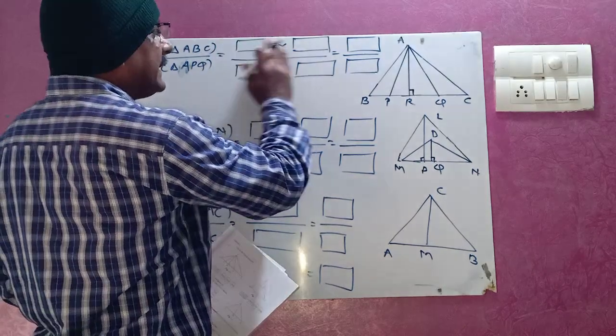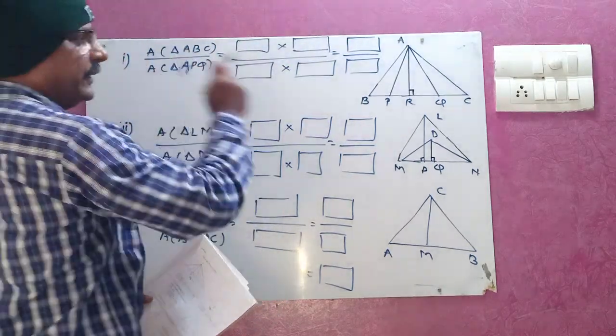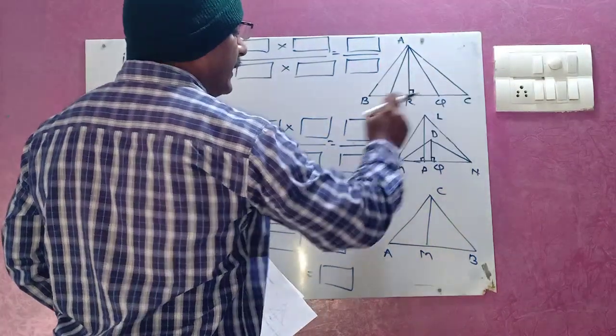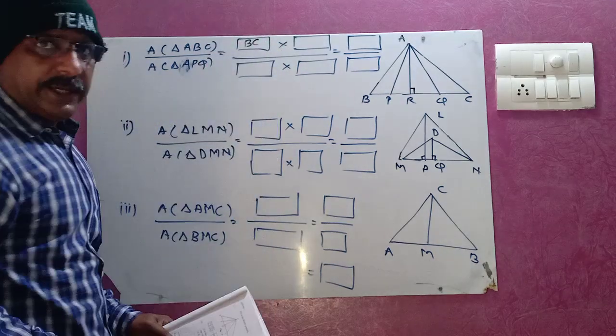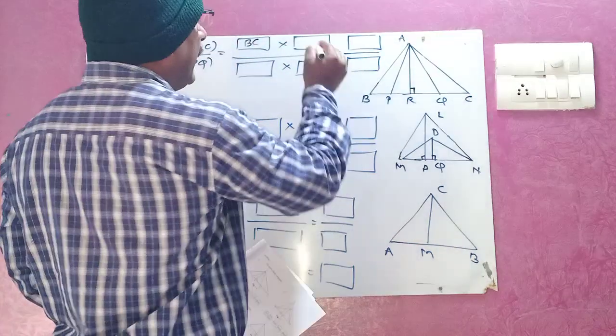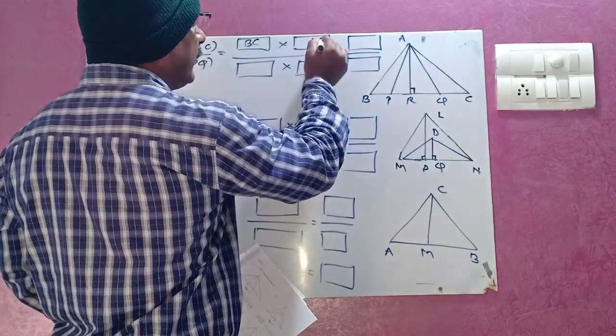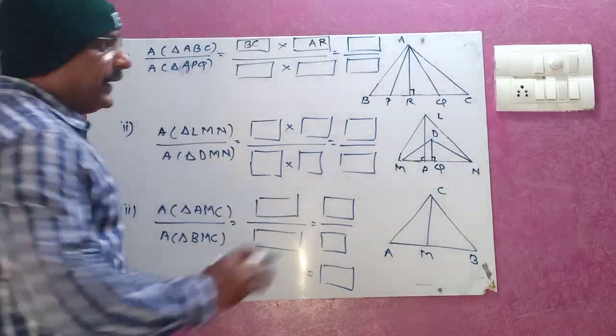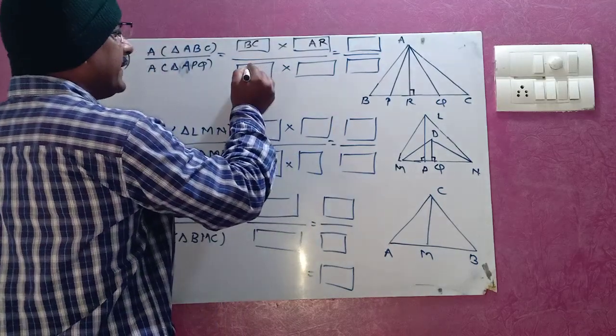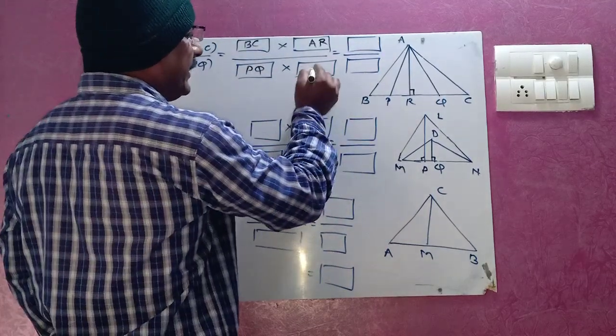So write down the base and height of triangle ABC. Its base is BC. And what about the height? Height is AR. Same way, in this case, base is what? PQ, base is PQ, height is AR.